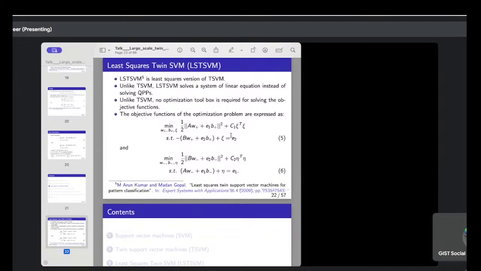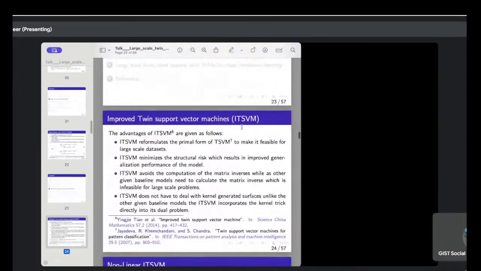And the third is that since it is a two norm of slack variables, the non-negativity restrictions have been removed. Due to this reformulation, called least square twin SVM, it is extremely fast, and we are simply solving a system of linear equations. Since we are able to solve it directly, we do not need any kind of optimization toolbox.